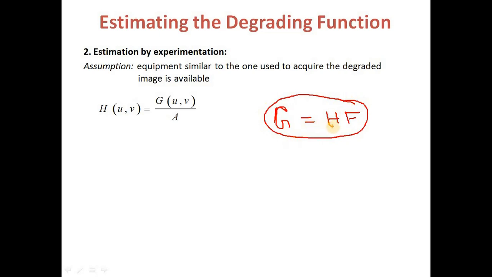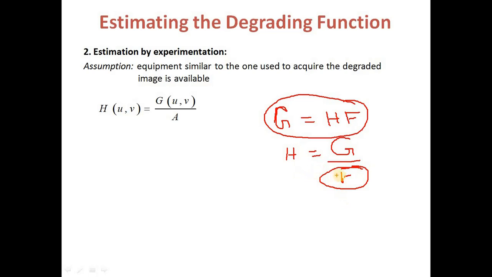So whenever we are interested to know the H, H is simply G upon F. And in our situation, we have maintained the F to be an impulse.